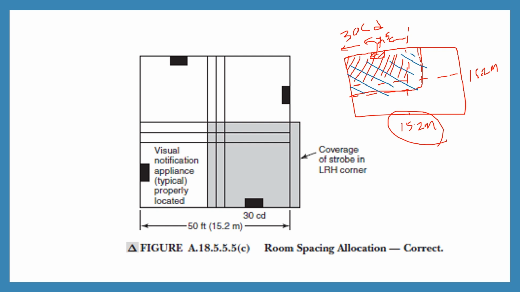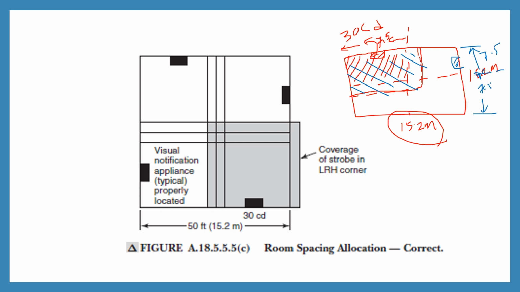And now, because I already have one more imaginary line, I will consider this particular area as a room, and I'll keep my strobe at this location. So here I'll place the new strobe. Now from here till the middle, this is like 7.5 or something. So this will also be 7.5 meter.